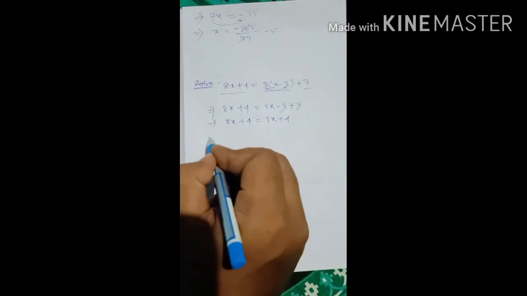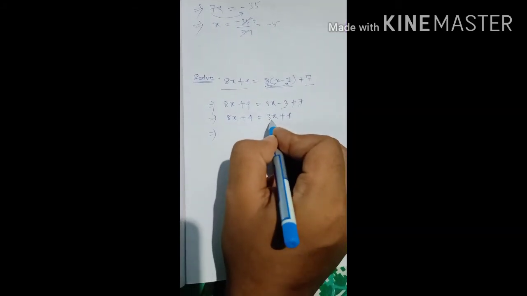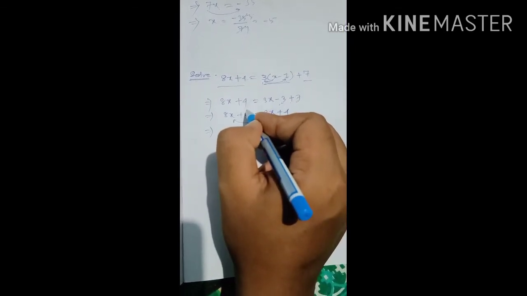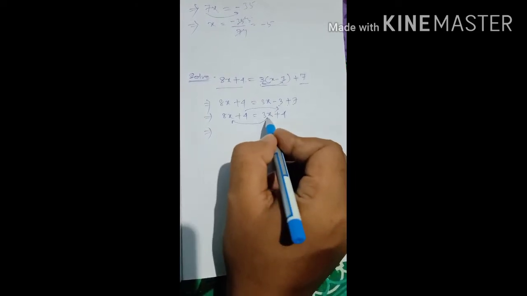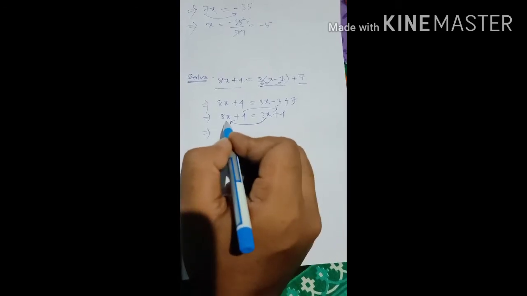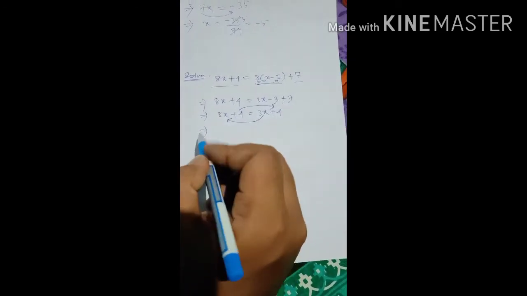Right now, in the next step, what will you do? We will just transpose the like terms to one side and transpose the numbers to the right hand side. What will happen here? We will transpose 3x, that is the variable, to the left hand side and transpose the number to the right hand side simultaneously.